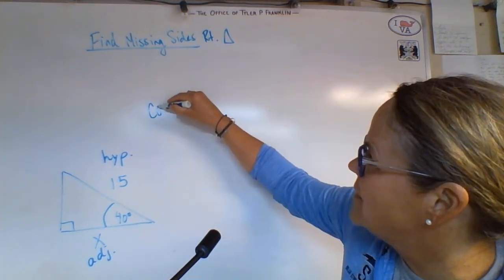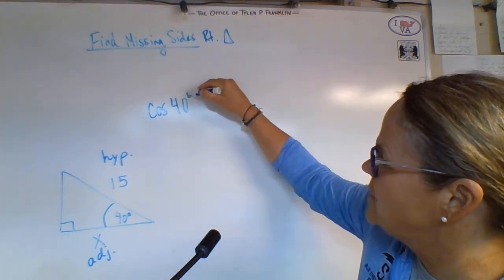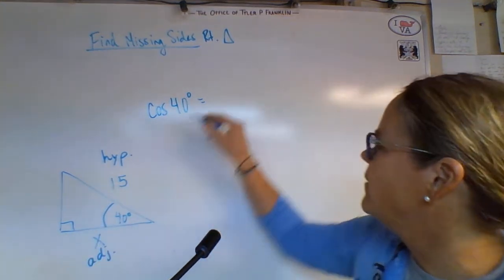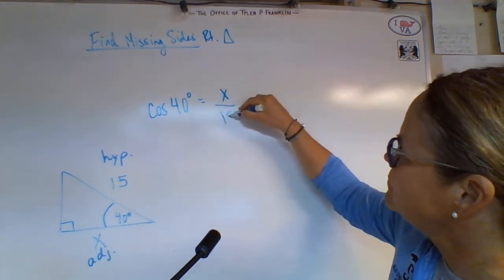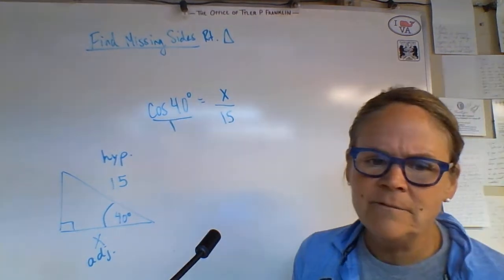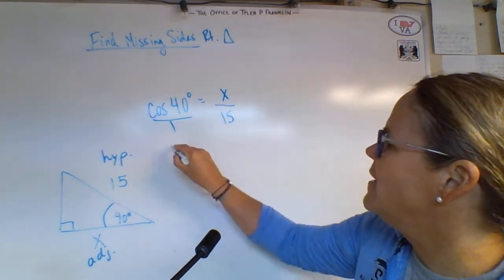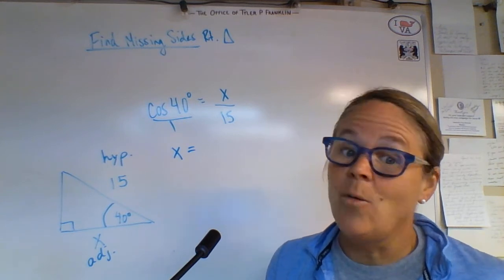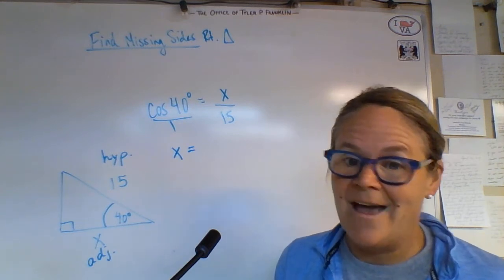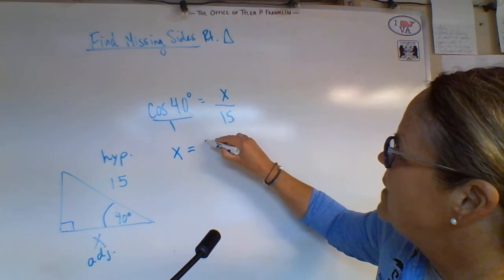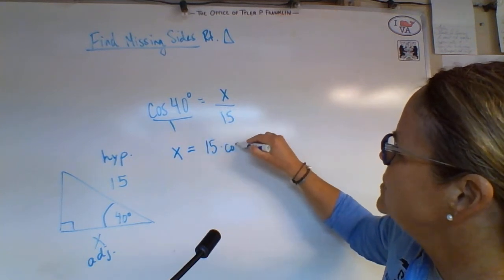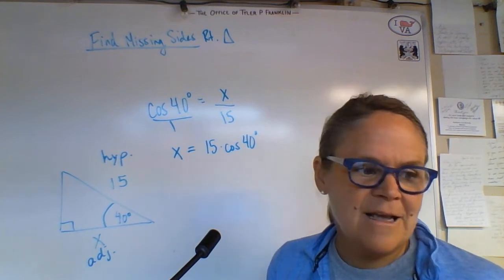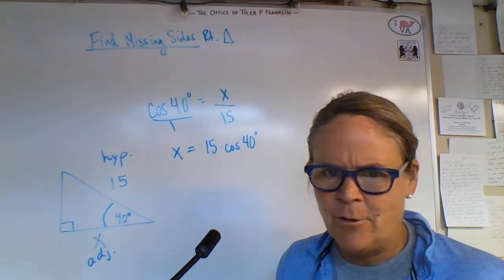So I'm going to set up the cosine of 40 degrees is adjacent over hypotenuse. Put that over 1, cross multiply. If x is on the top, it's always x times 1, so it's x. This would be 15 times the cosine of 40 degrees. Put that in a calculator, get the decimal.